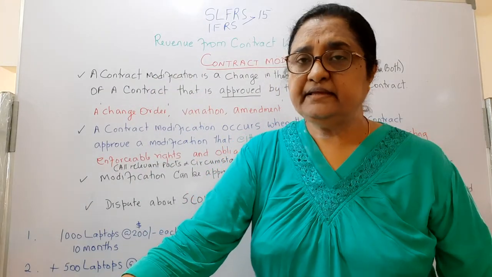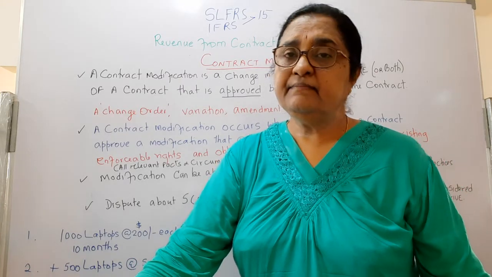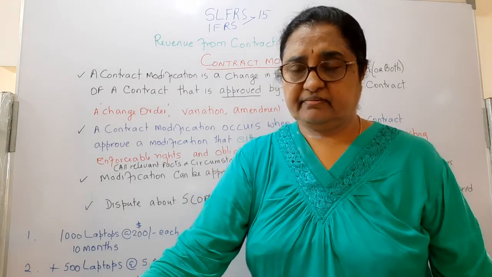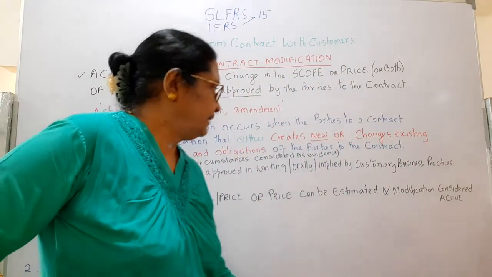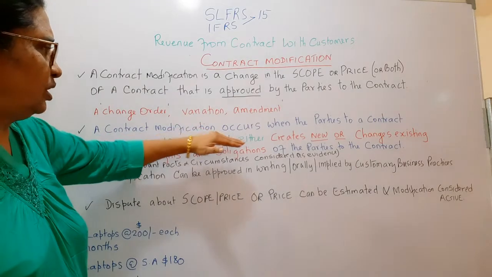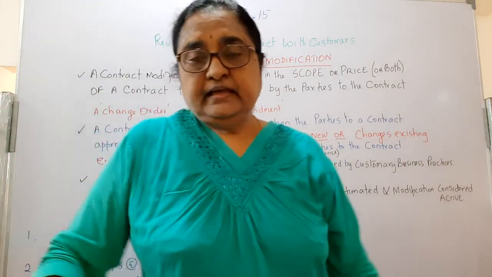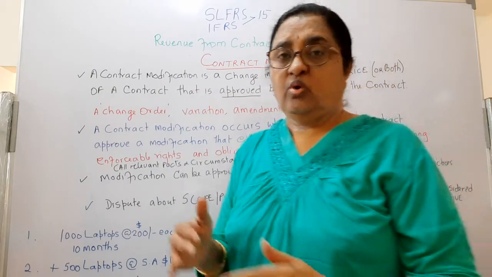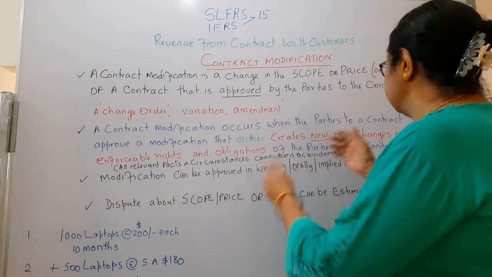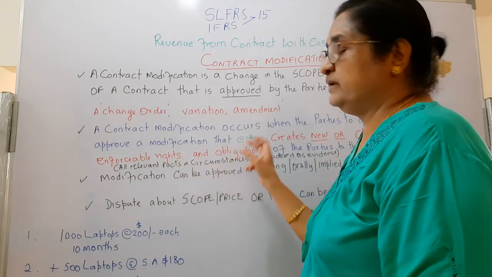It can be in writing, it can be oral, or it can be implied in customary business practices. So this modification also should create either new or changed enforceable rights and obligations.